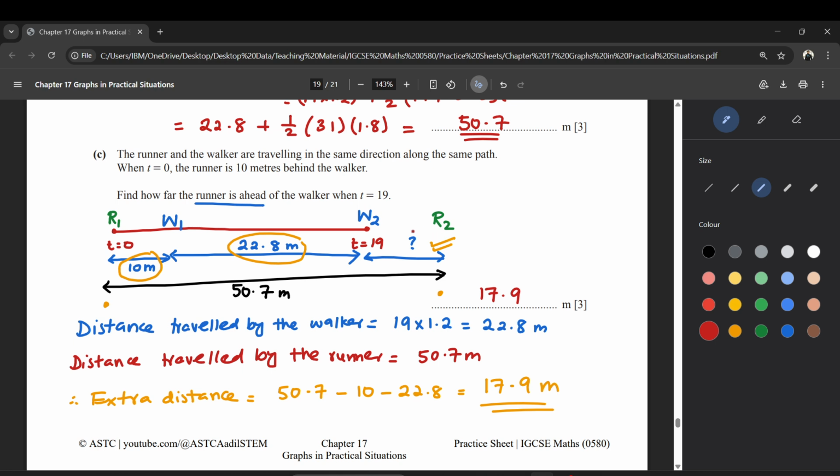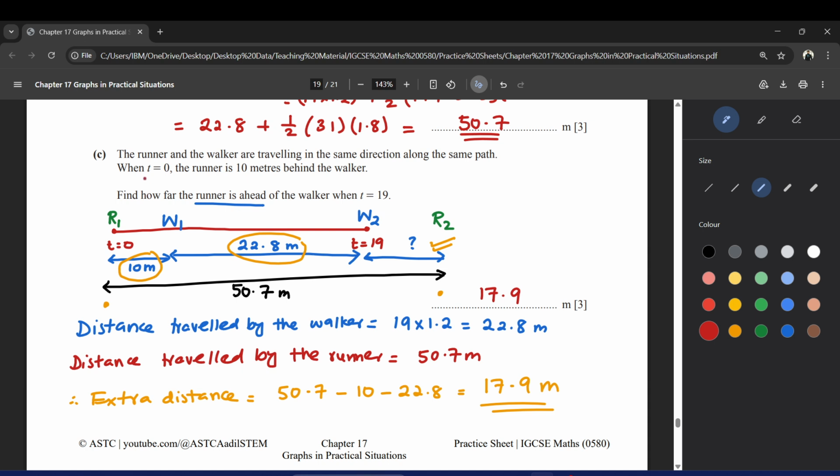Okay, so let me just quickly go through this one more time. The question says that the runner and walker are traveling in the same direction along the same path. So you have one single track and they are running on the same track.